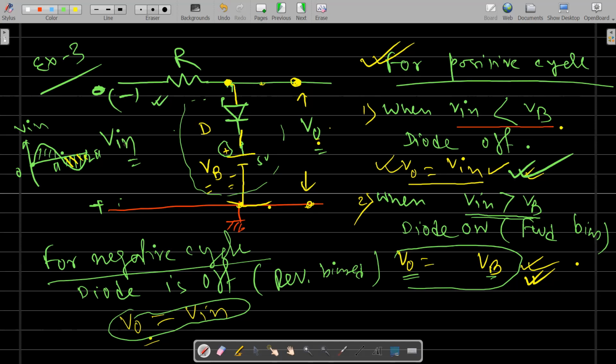So for the entire negative cycle, the diode will remain off. So it is reverse biased. If the diode is off, you know the entire section is open. So this section is open, and the output will be simply equal to the input. Vout will be the same as Vin.